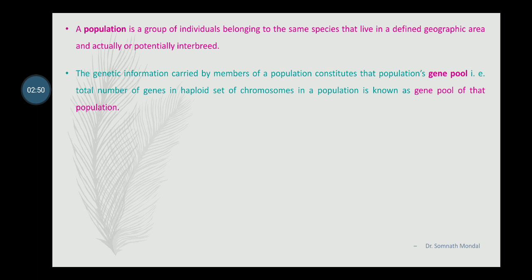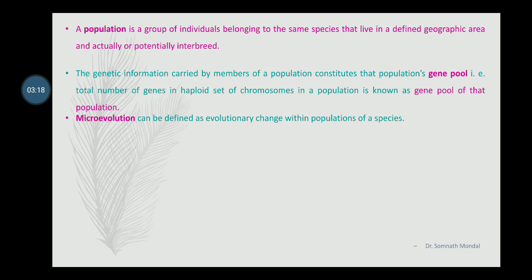The genetic information carried by members of a population constitutes the population's gene pool. In other words, the total number of genes in a haploid set of chromosomes in a population is known as the gene pool of that population.